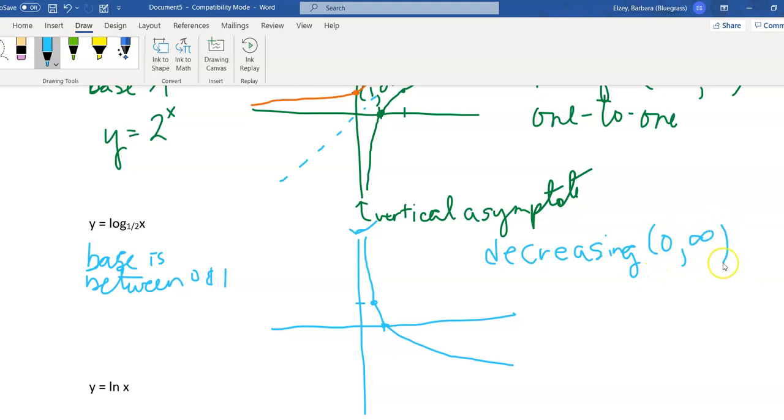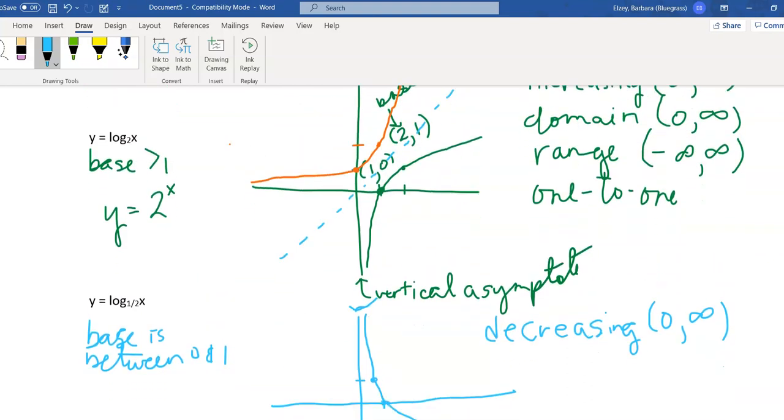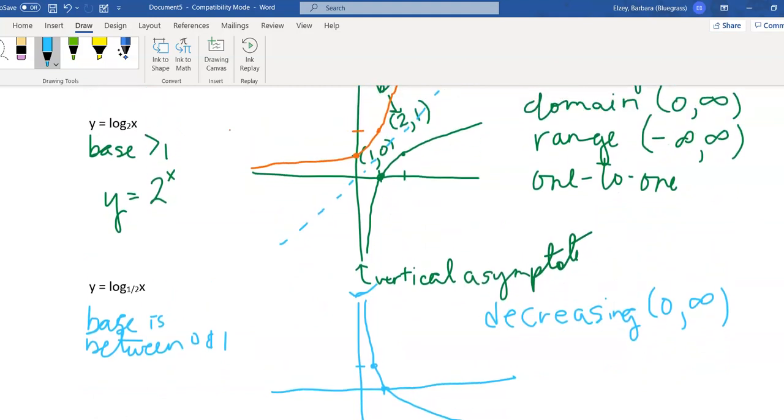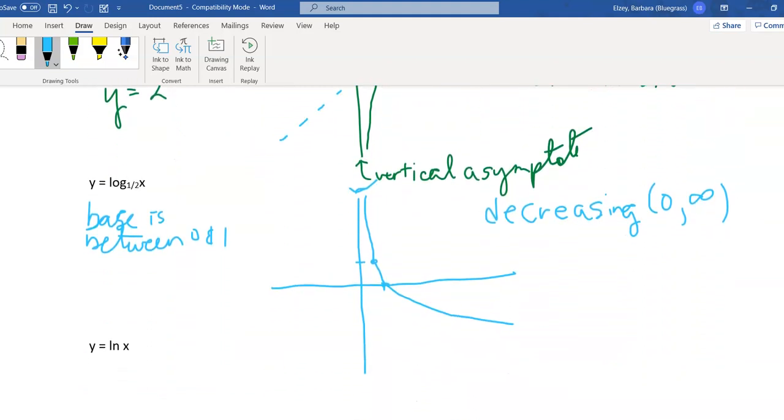However, every other characteristic that we had above is the same for this graph. It still has domain from 0 to infinity. Notice there's nothing over here. It has a range of negative infinity to positive infinity, and it passes the horizontal line test, so it's 1 to 1. And of course, it has an inverse. Its inverse is y equals 1/2 to the x power.